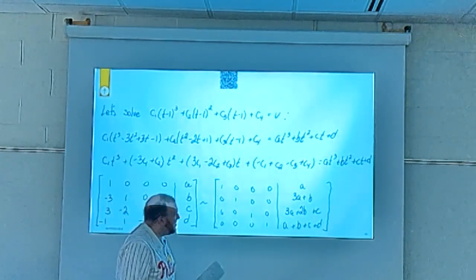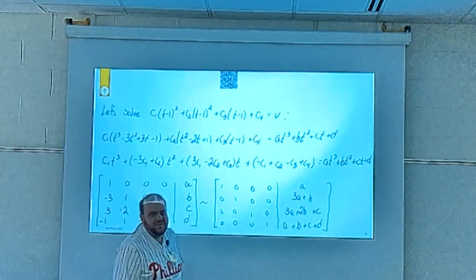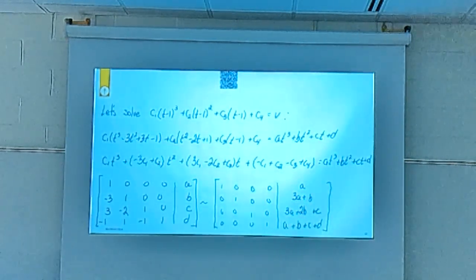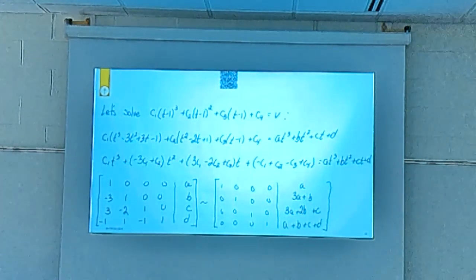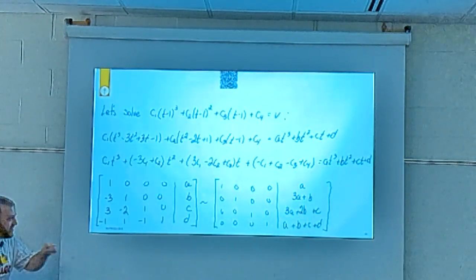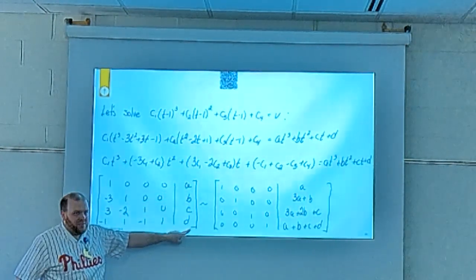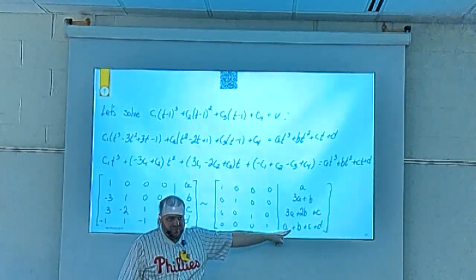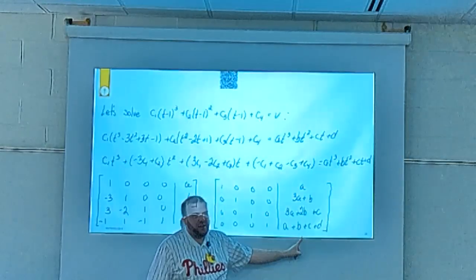And what is D? Plug them in. Because really what you're doing is plugging in here and then row reducing it, which just has the same effect as plugging in here, right?